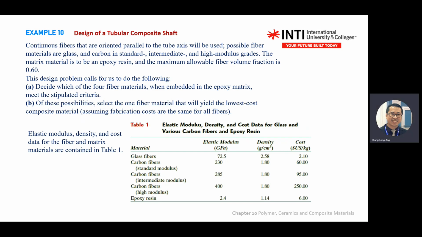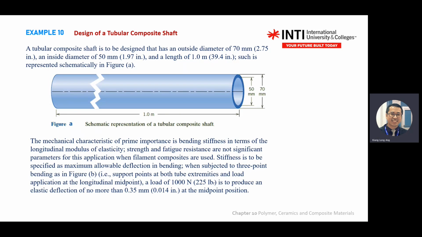They give you a customer requirement, then you choose which one, right? So what is the customer requirement? Stiffness is to specify the allowable bending, so you need to calculate the maximum bending deflection under this load, and not produce more than 0.5.